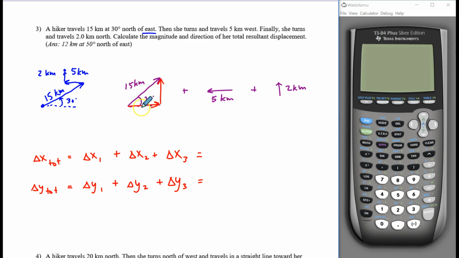So the x is adjacent to 30, and we have a formula: adjacent equals hypotenuse cosine theta. So right here, I've got 15 kilometers times cosine 30. The opposite leg, that's the y-axis in this case, is found with sine.